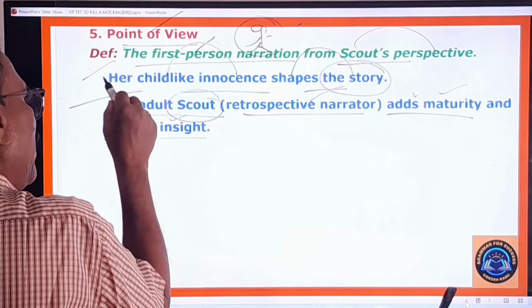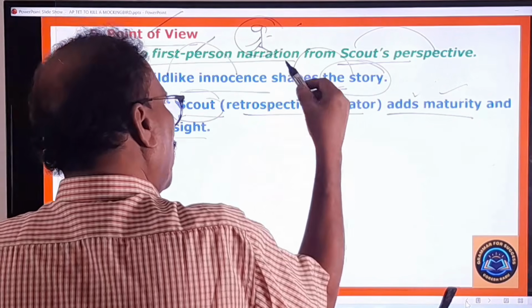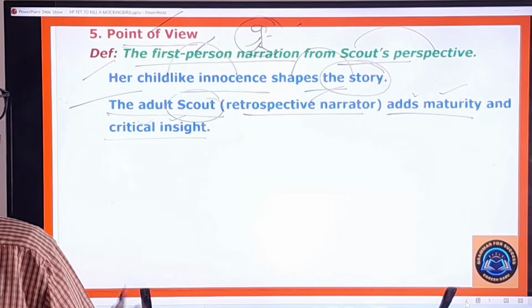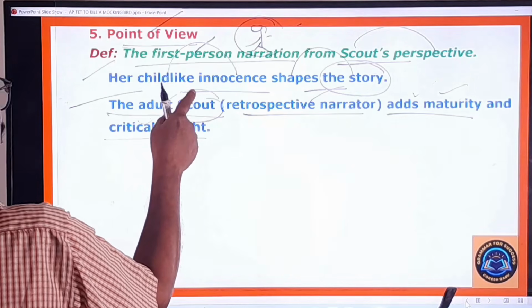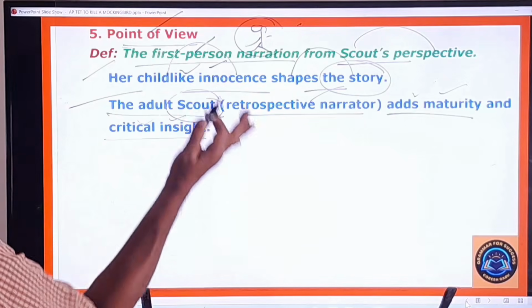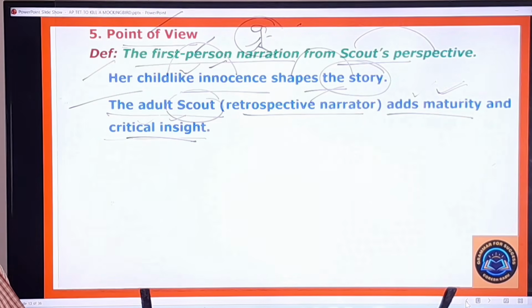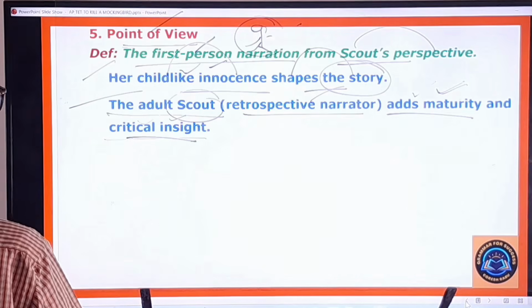Then the remaining chapters have been narrated by the grown-up Scout Finch. So that's why you can find childlike innocence in the first few chapters. In the last chapters you can find maturity of mind and critical insight and all that. So this is all about the point of view.